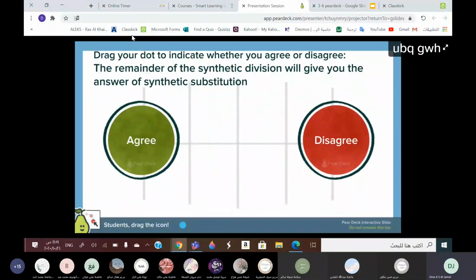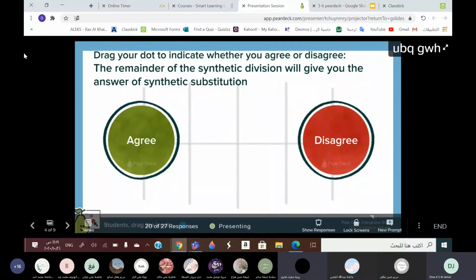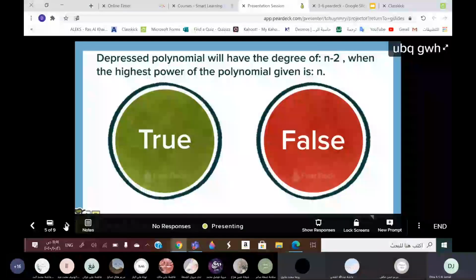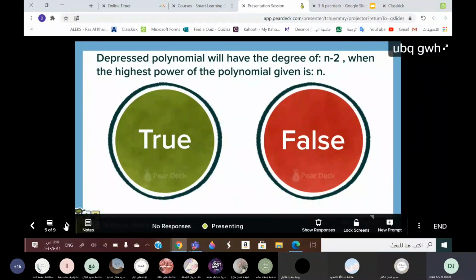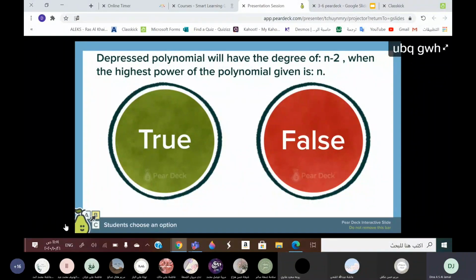Can Raw'a explain for me why you agree? Because the remainder is always equal. When we substitute, we will have the same answer as the remainder. Excellent, Raw'a.